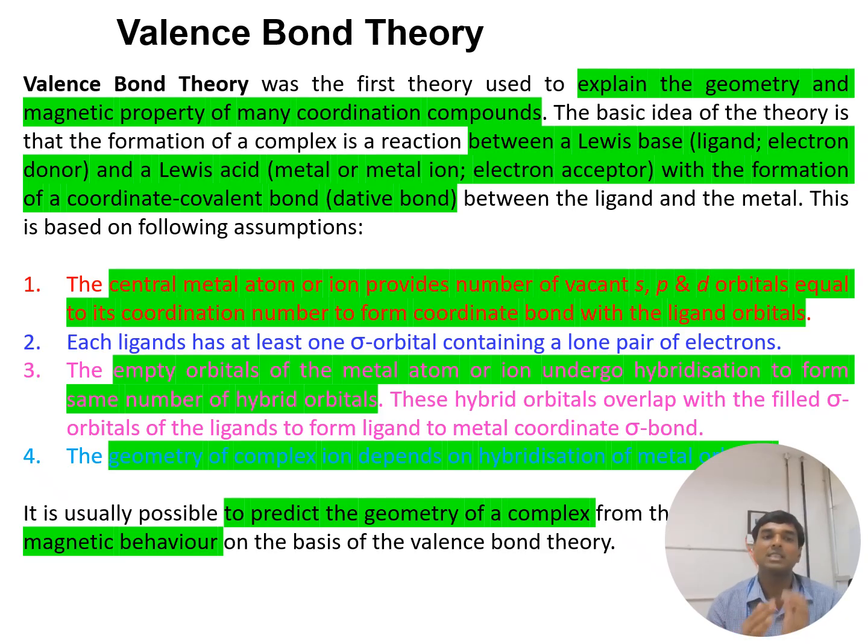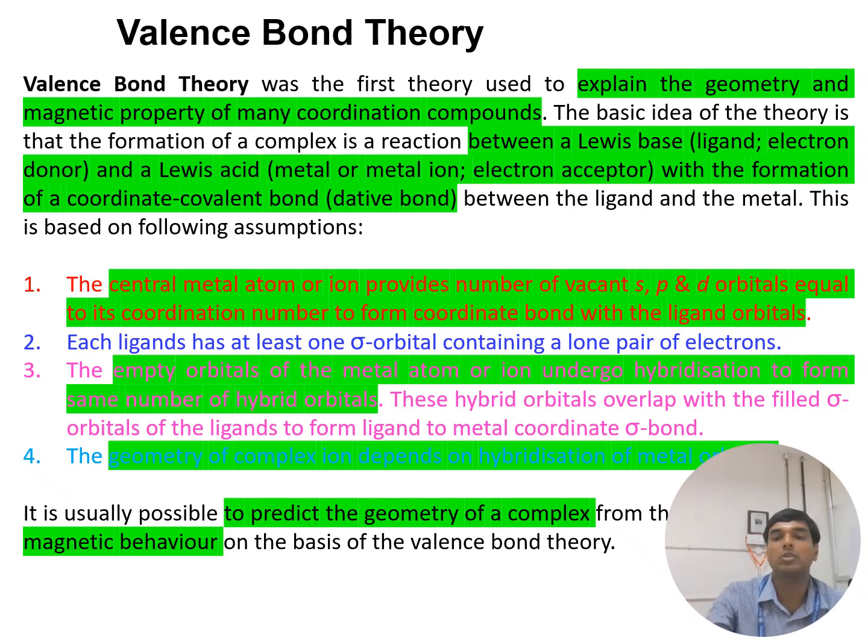Each ligand shares at least one sigma orbital and should have lone pair ability. An empty orbital of the metal atom or ion undergoes hybridization to form the same number of hybrid orbitals.